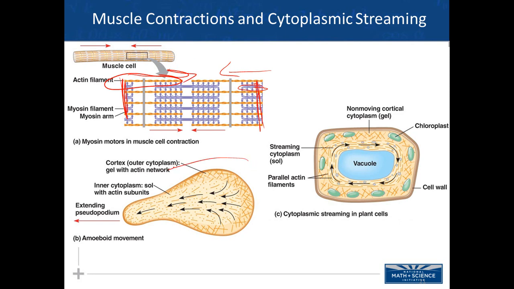This is a nice little diagram showing you this process of cytoplasmic streaming and also how a cell can move with a pseudopod. So again, microfilaments are a part of the cytoskeleton, and more specifically, actin filaments are important in muscle cells in the contraction of the sarcomere, or the contraction unit of a muscle cell.